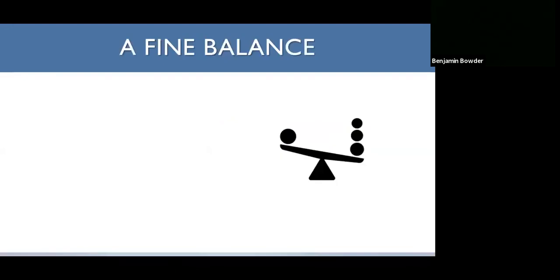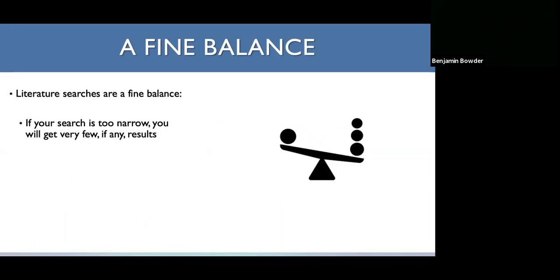Now, performing literature searches is a fine balance. If you start out too broad, you'll get too many results, but if you're too narrow, you'll get too few results. And so, for example, a too narrow study might have a number of different search terms or a very specific location like West Virginia or Port-au-Prince.